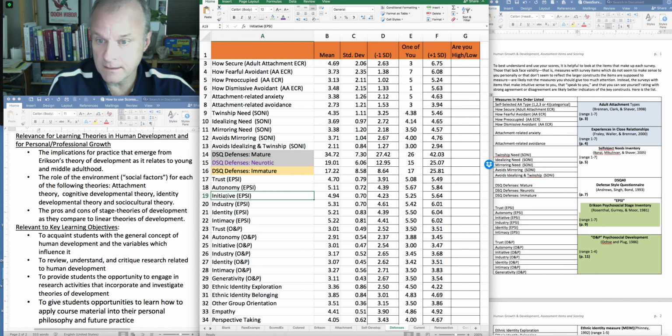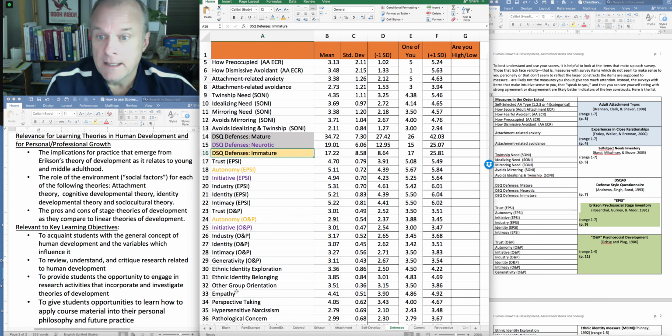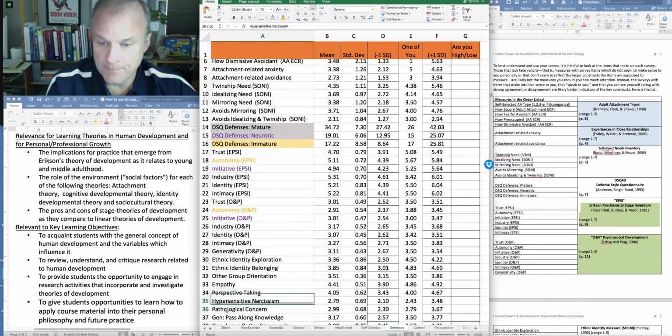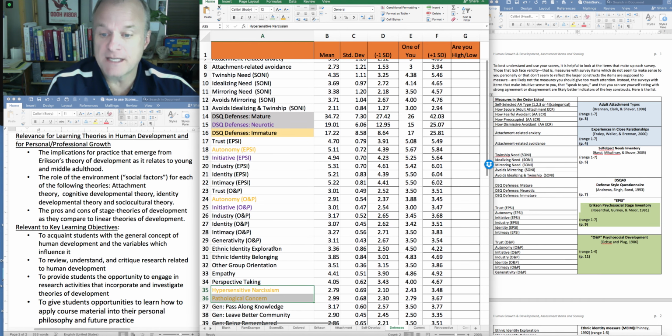Initiative being purple. Initiative being related to neurotic defenses. And I guess I should put, if we're going to put immature defenses here, we could link those to that stage here of autonomy, right? So we're linking the immature defenses with that construct, as well as these constructs are related to immature defenses. They are another manifestation of immature defenses.